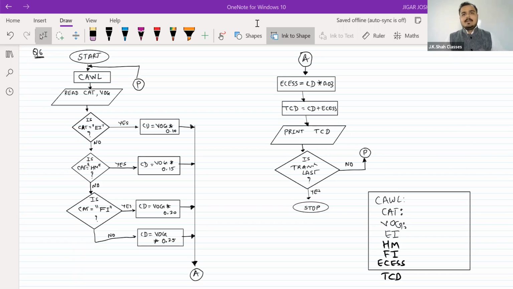What we should write in the input box purely depends upon what kind of information is given in the question. But always remember, whatever you want to calculate, that will never come into input.